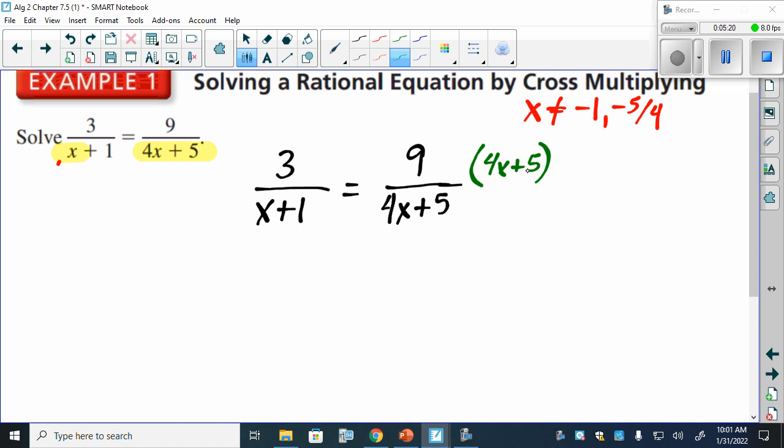We could multiply it by x plus 1. But what we do to one side, we have to do to the other. So we actually end up multiplying both sides by 4x plus 5 and x plus 1.